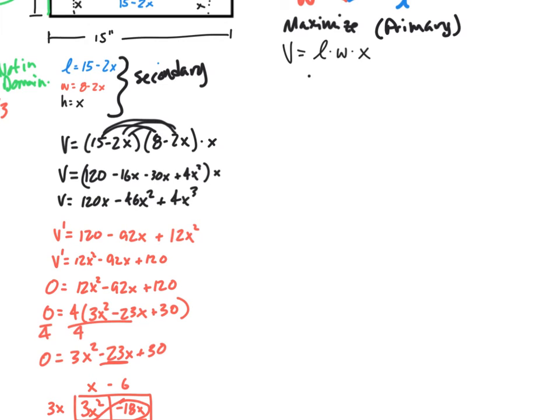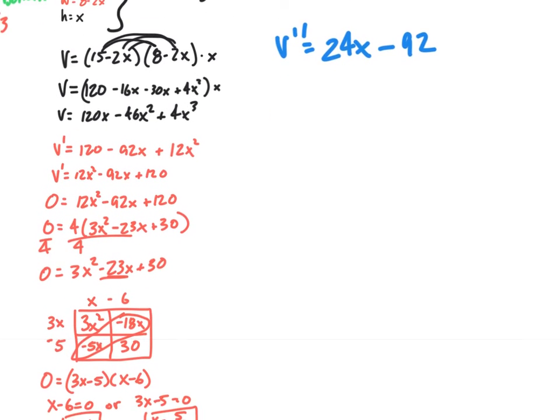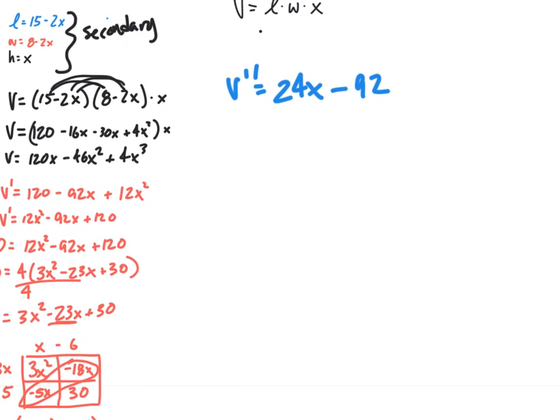Okay, if I were to find v double prime, then that would give me, what is that, 24x minus 92. Okay, and let's plug in 5/3. Let's find v double prime of 5/3, and let's see what we get.